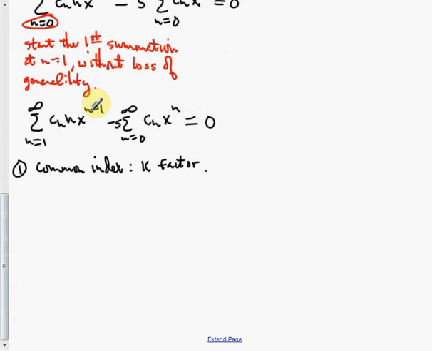You look at the exponents there. This is n minus 1. And then this guy right here is x to the n.